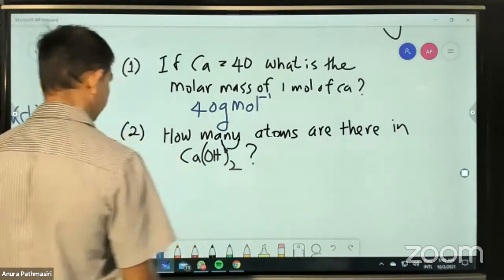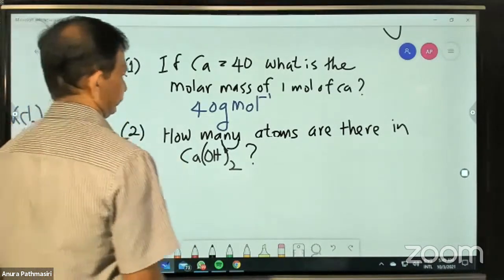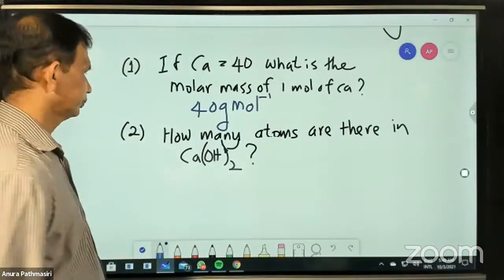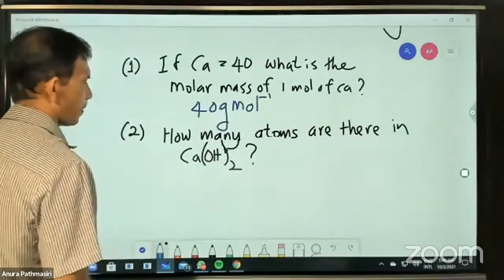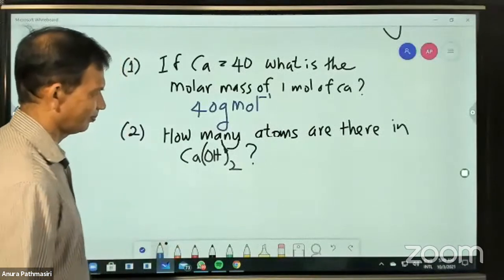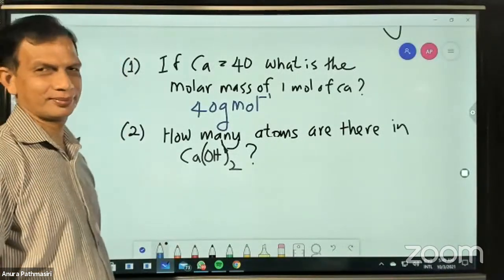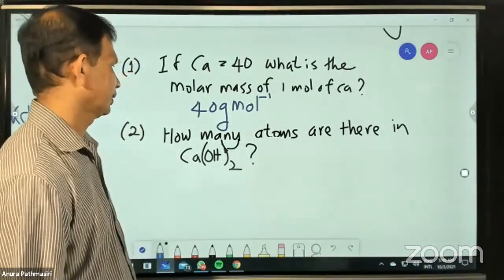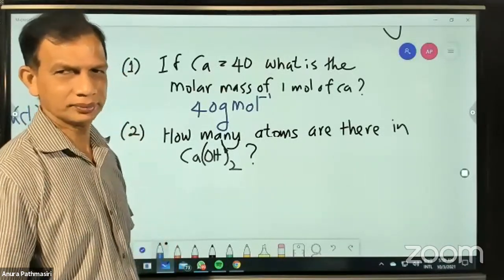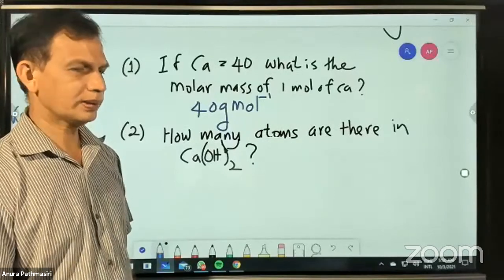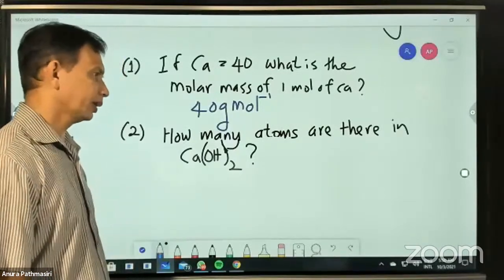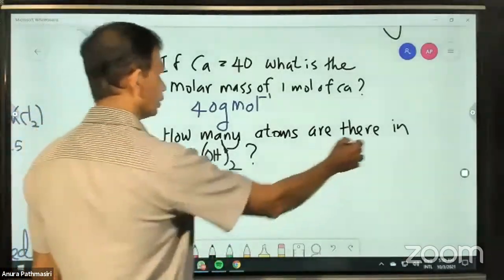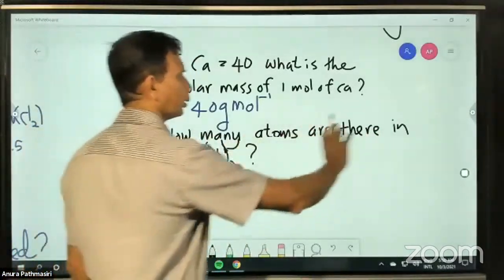Your answer? How many atoms are there? 6.02 times 10 to the power 23. Are you sure? Any other answer? Don't misunderstand, I'm not referring to 1 mole.